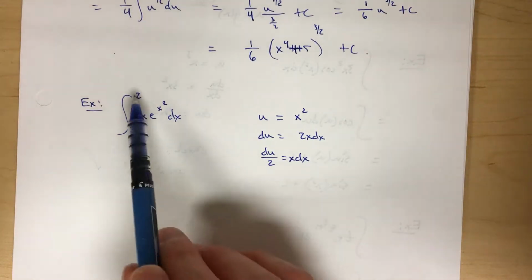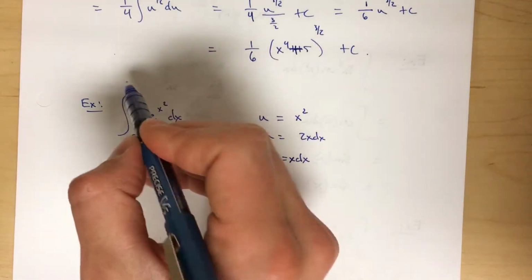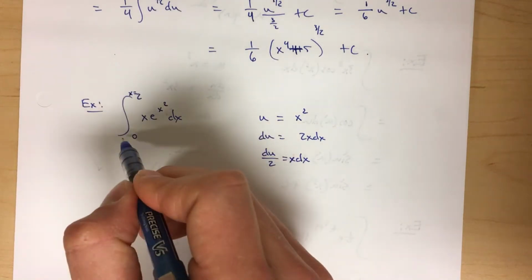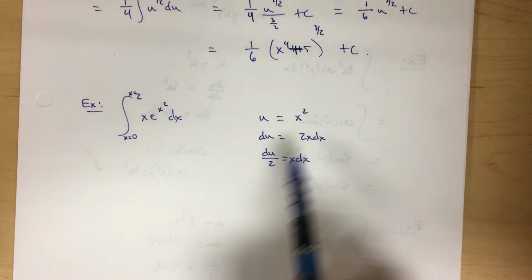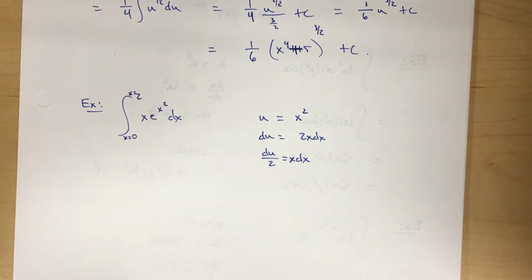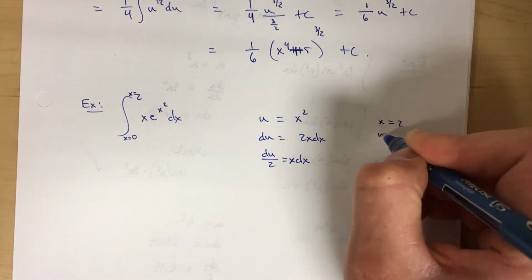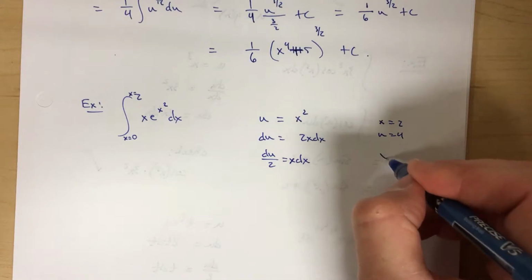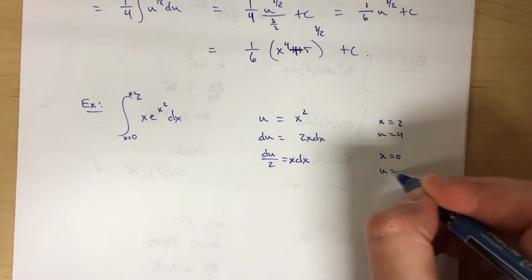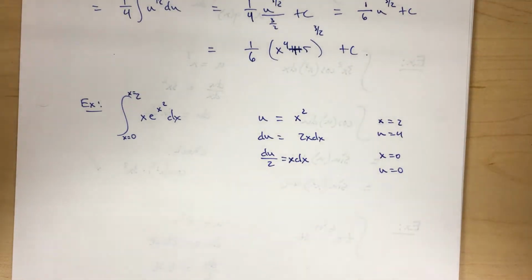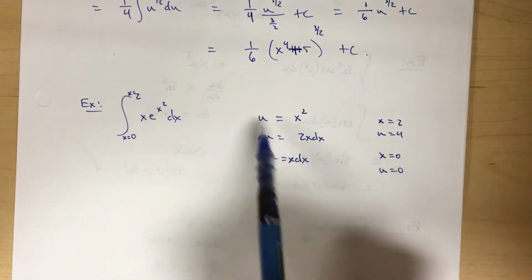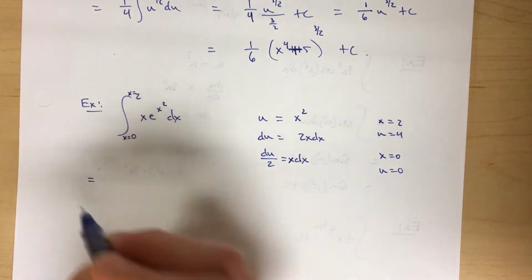Now, because this is a definite integral, these are x values, right? This is x equals 2 and x equals 0. But we're trying to write this thing in terms of u, which means we need to change those to u values. So if x equals 2, then u equals 4. And if x equals 0, then u also equals 0. So we have to make sure to change our limits of integration so that they match the variable we are integrating with respect to.